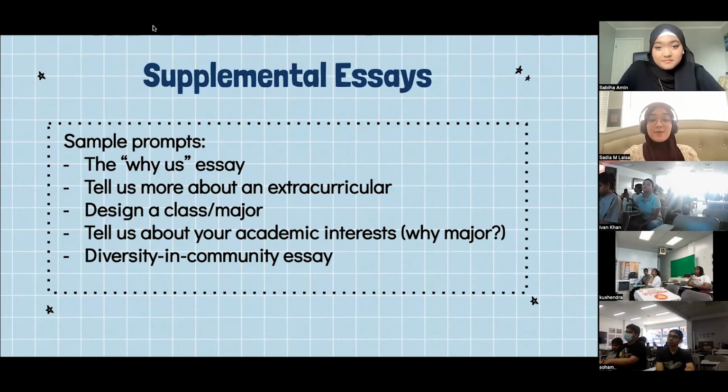And then for the tell us more about an extracurricular, any of these, being specific is really important. Try to use anecdotes if you can, but that also depends on the word limit that you have. And if you think you don't have anything very uncommon or unique to write, that's okay. If you think a topic is very cliche, this is one of the examples we're going to use for our next webinar.